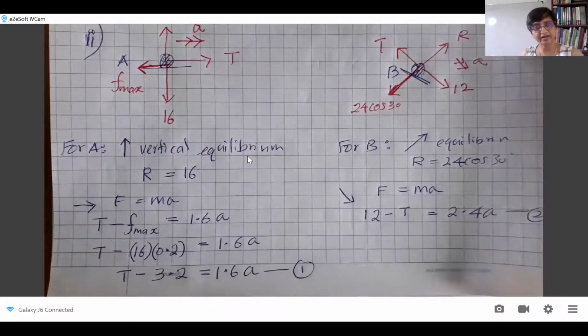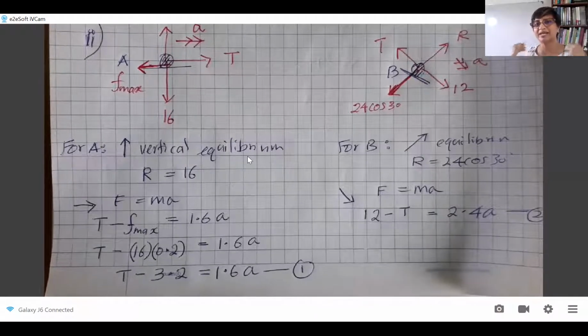What I did in the beginning of part 2 is the same thing that I did in part 1. In part 2, they are asking me a different question. They are not asking me to find A and T, but to find A and D. What am I trying to do?